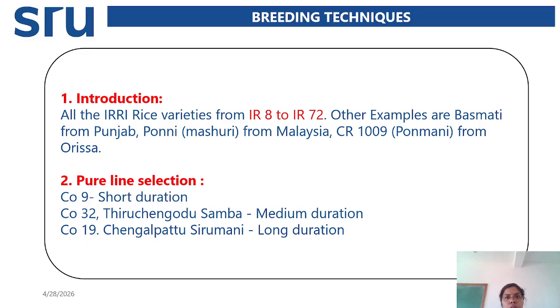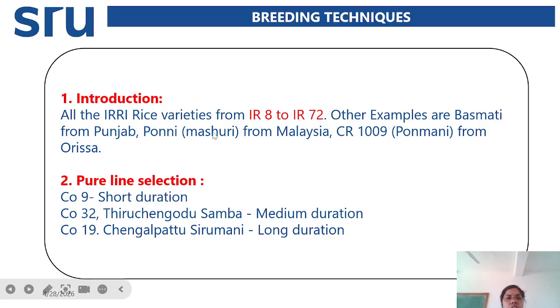And next, coming to the breeding techniques, that includes both conventional as well as innovative breeding methods. First, we will discuss the introduction breeding method. Generally, in rice, the introduced varieties are from IRRI, the International Rice Research Institute, which is located in the Philippines.